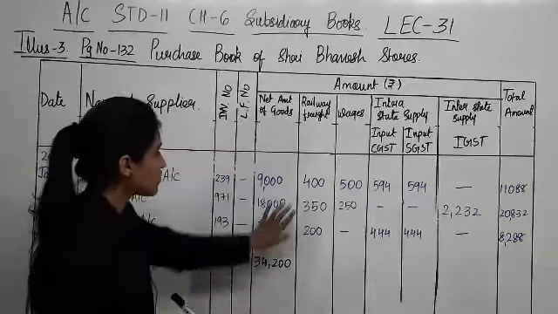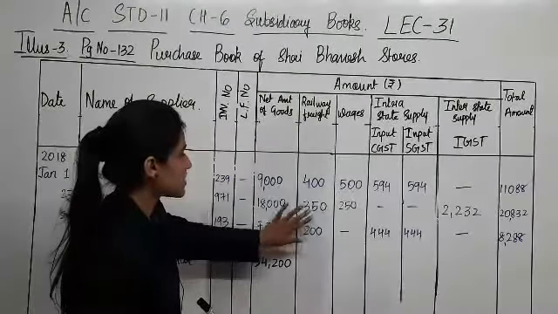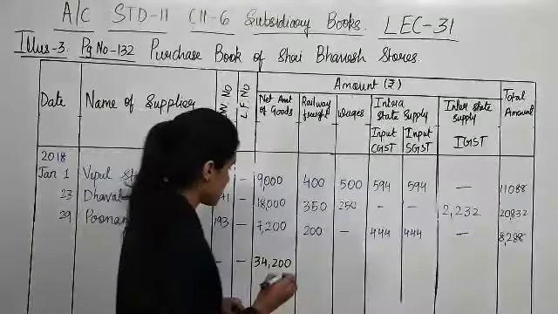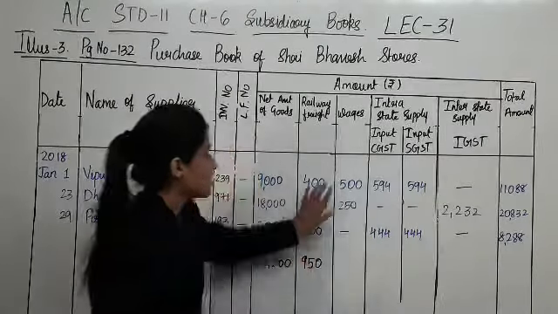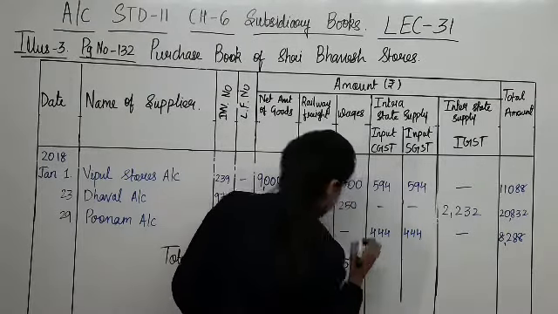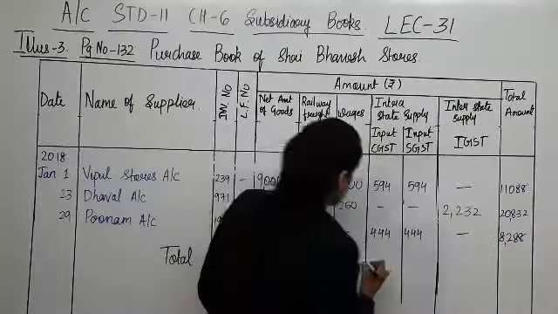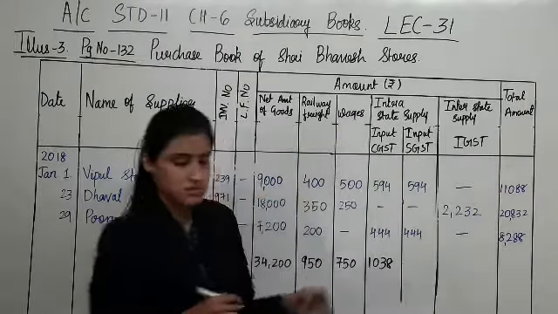Then we have 400 plus 350, which is 750, plus 200, the total is 950. 750. The next, 1,038 rupees.